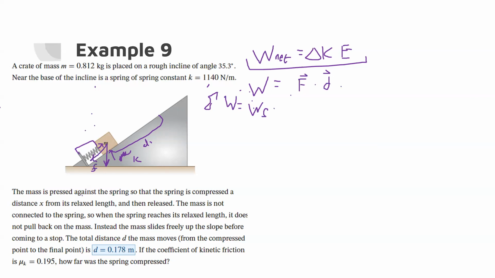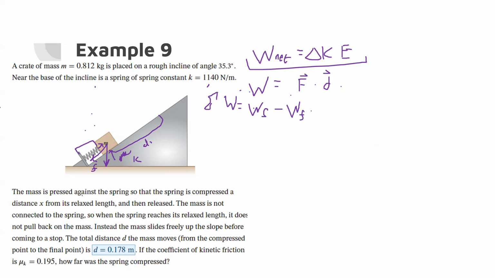Since the spring is acting in the same direction as the direction of motion, I know that's positive work being done. For friction, it's going to be against, so I know there's going to be negative work being done by friction.